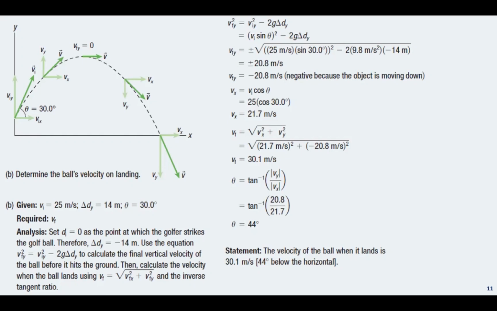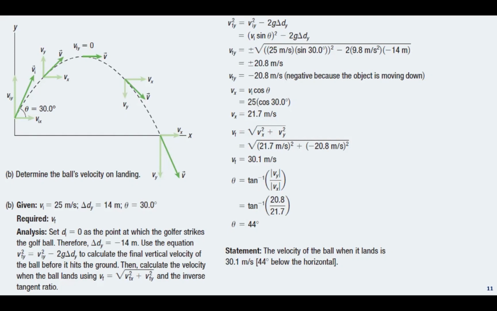Then vx equals vi times cosine theta, which is 25 times cosine 30 degrees, which is 21.7 meters per second. Then we know final velocity vf is the square root of vx squared plus vy squared, and this gives us 30.1 meters per second. So this is the magnitude of the final velocity.